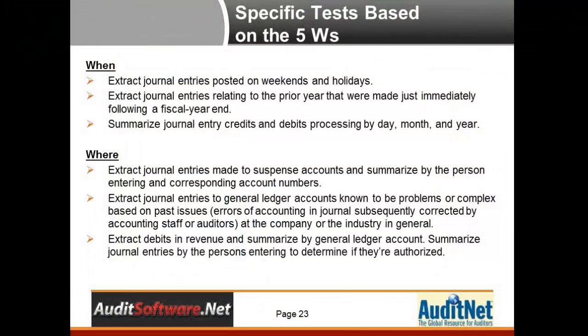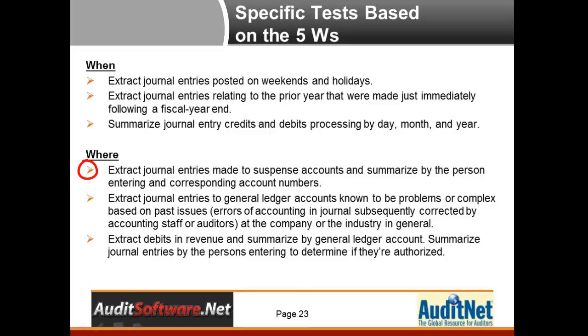Now we're back to the when and where testing, and we're going to go through some of the weekend and holidays. Then also journal entries related to the prior year, and taking a look at dates there. Journal entry credits by month, day, and year. We've kind of done that, but we will show you how to do that in a stratification graph that's coming up. Extracting journal entries made to suspense accounts.